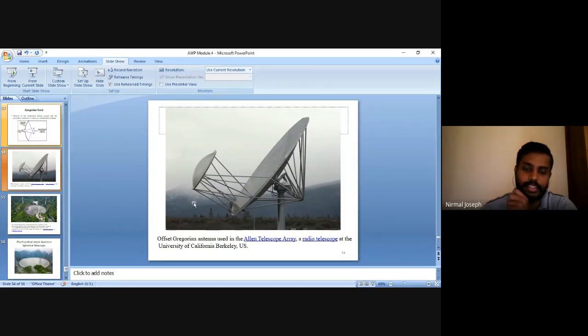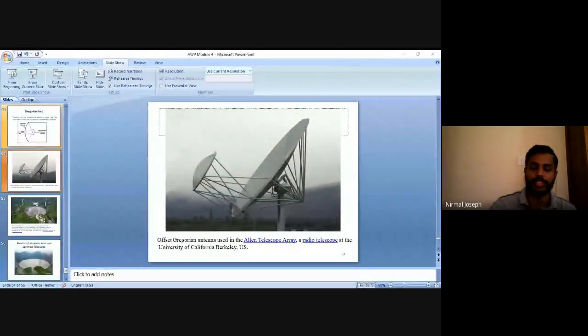So it is called an offset Gregorian antenna, like our axial fed antenna and offset fed antenna. In the Gregorian feed, we are using offset. That is the difference here. So what is the advantage of using this offset feed? What is the advantage?